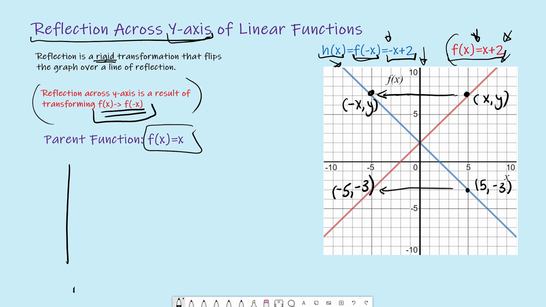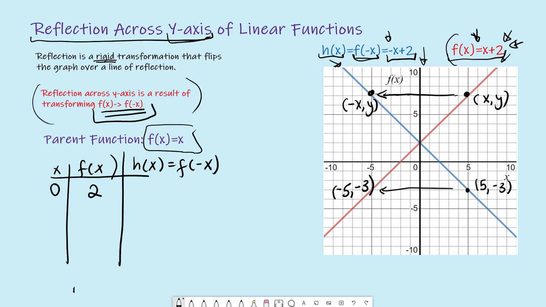So again, if we make a table of x, f of x, and h of x, which is f of negative x, right? So if we look at the point 0, our f of x here is 0 plus 2, that's 2.